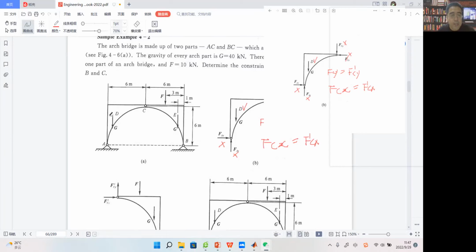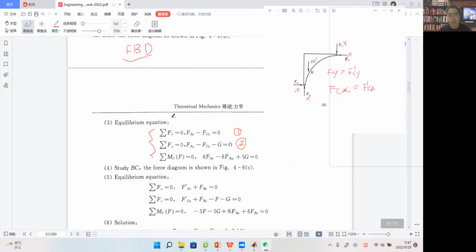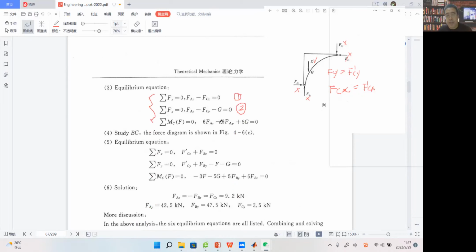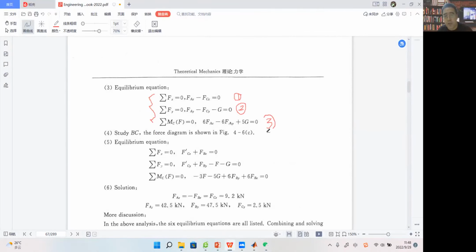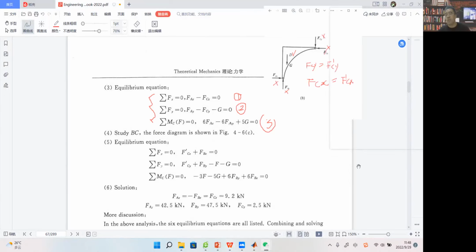That's why this distance also should be 1 meter, because the whole structure is symmetrical, right? So we have this equation: 6 Fax minus 6 Fay. And this direction tells us the moment of G about point C will be along the CCW direction. So I'm sorry, this is 5 times G. This is equation 3, see, this is equation 3.